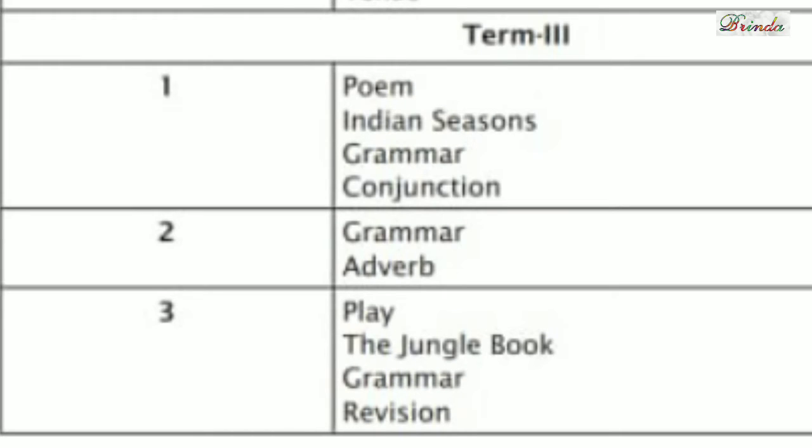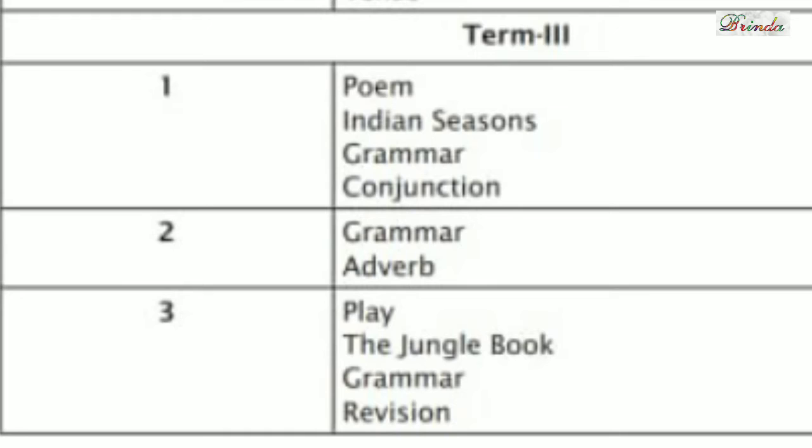And if we see in term 3, in the first unit, poem, Indian Seasons, grammar, conjunctions. In the second unit, grammar, adverbs. In the third unit, play, The Jungle Book, grammar and revision. Apart from this one, we have other parts also.